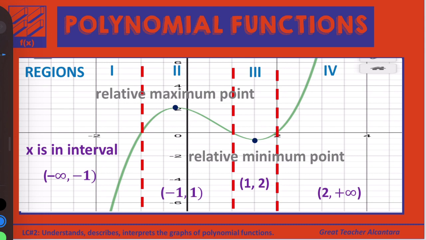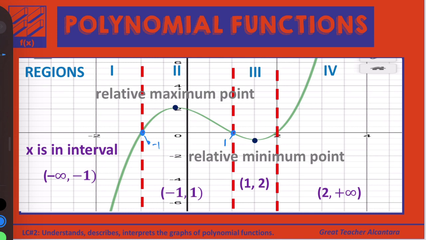You have the first interval as negative infinity to negative 1. That is because it's all the things on the left until it reaches your first x-intercept, which is negative 1. And then your next interval is from your first intercept to the second one. So it's negative 1 to 1.